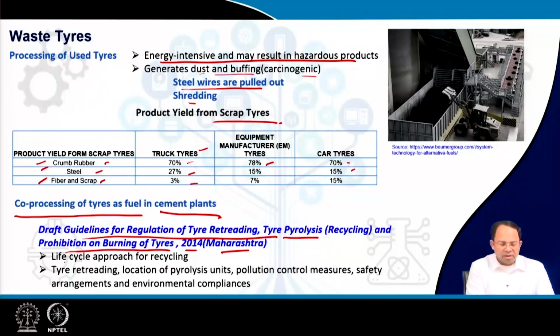They have suggested following a life cycle approach for recycling of tires, and also tire retreading, location of pyrolysis units where we can burn this tire, pollution control measures, safety arrangements and environmental compliances for this kind of facilities.